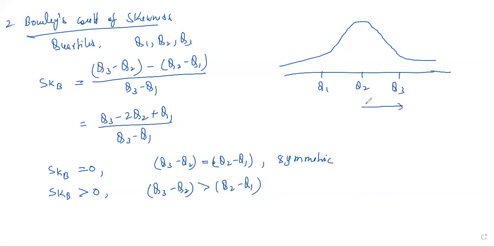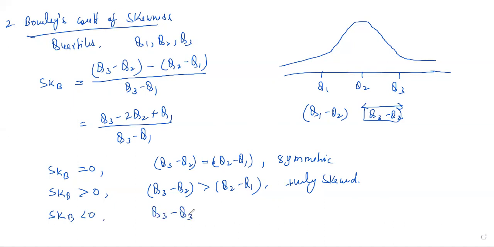Q3 minus Q2 has more data than Q2 minus Q1, so this is positively skewed. And when SKB is less than 0, then Q3 minus Q2 is less than Q2 minus Q1, then this is negatively skewed data.